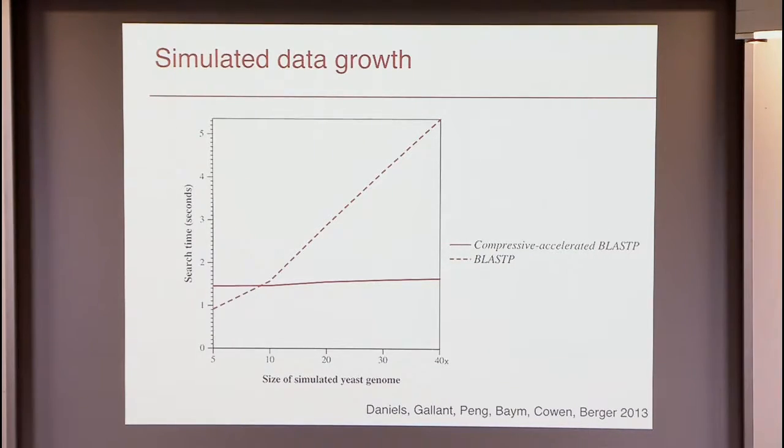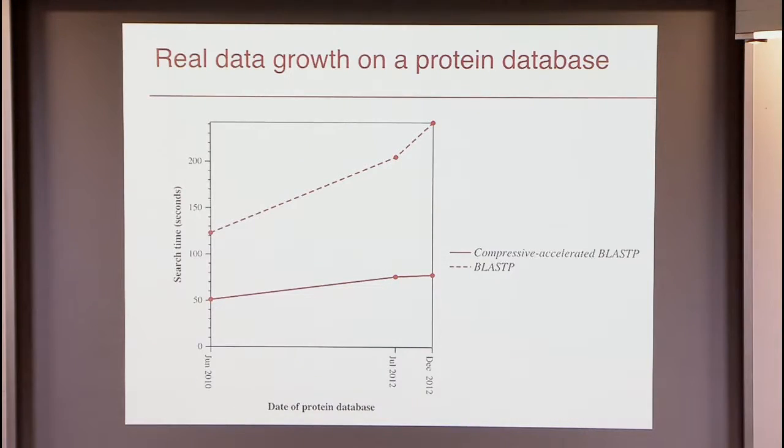Now, this was simulated data. If we look at real data growth on a protein sequence database, NCBI's non-redundant database, again, these are just 3 snapshots because you can't go back and get historical versions of that easily. This is the time taken for BLAST, and this is the time taken for compressively accelerated BLAST.